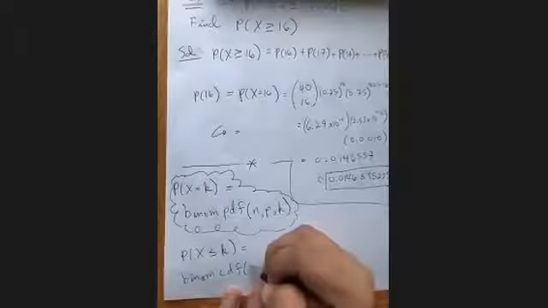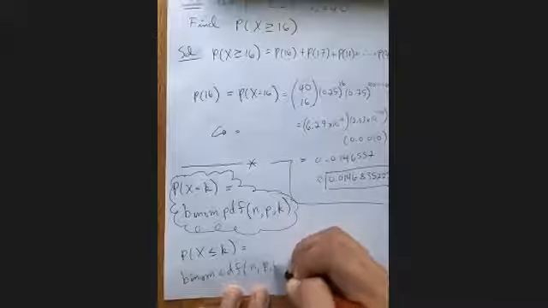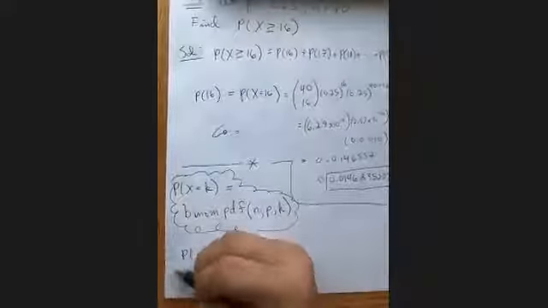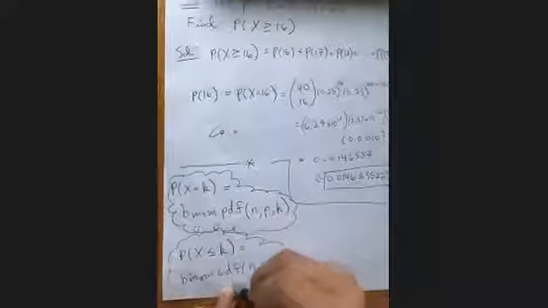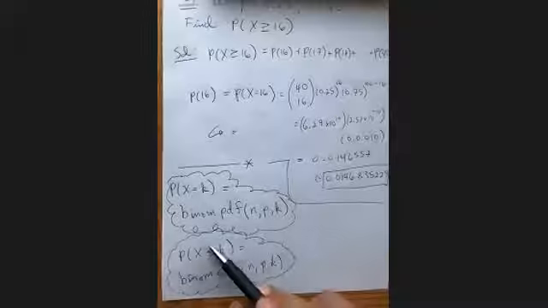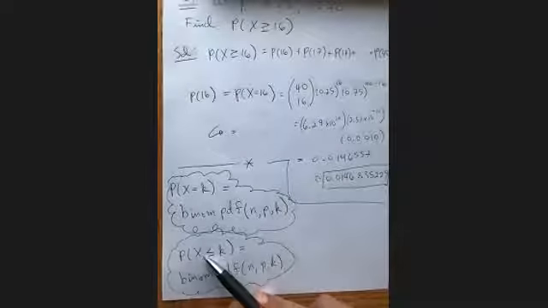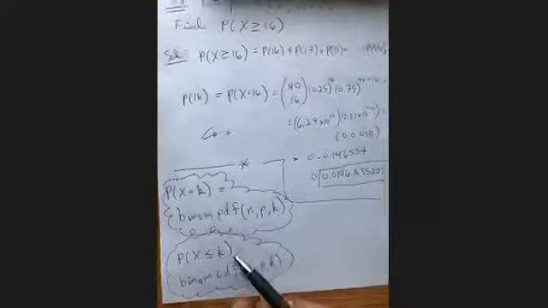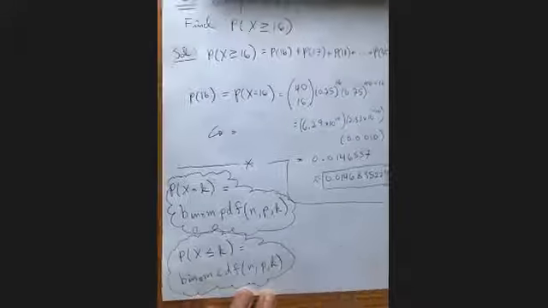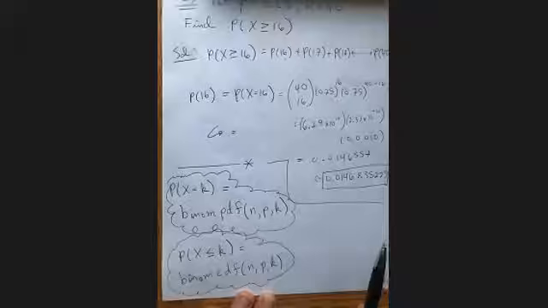And here you have the same inputs, n, p, and k, but the meaning is different. So here we're computing the probability of getting 0 successes, plus 1 success, plus 2 successes, plus 3 successes, all the way up to k many successes. So this counts up from 0.